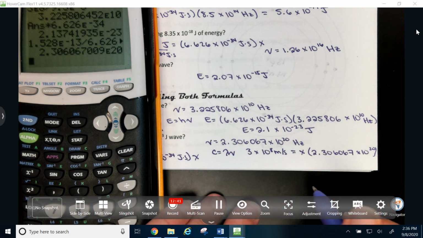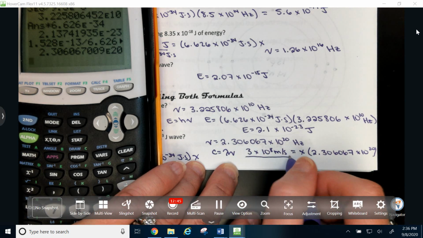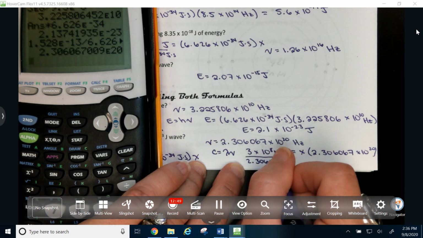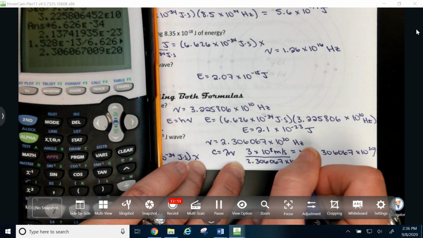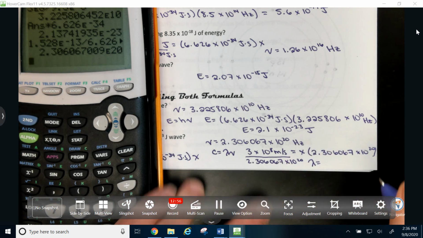And to get wavelength by itself, I need to divide both sides by 2.306067 times 10 to the 20th. This will give me my wavelength.